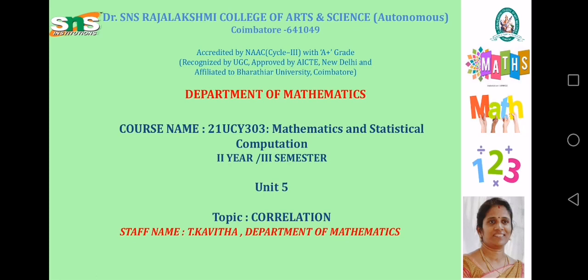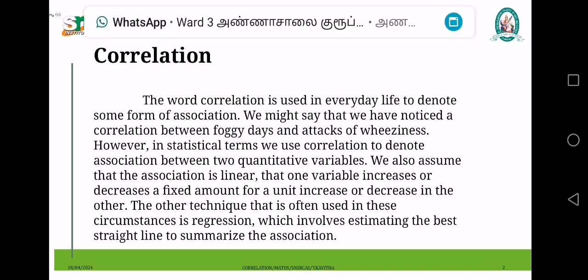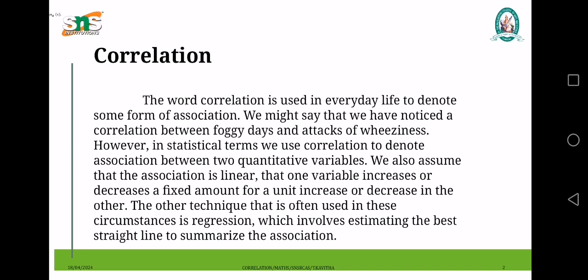Today's topic is correlation in the Mathematics and Statistical Computation paper. Correlation. The word correlation is used in everyday life to denote some form of association. We might say that we have noticed a correlation between foggy days and attacks of bronchitis.